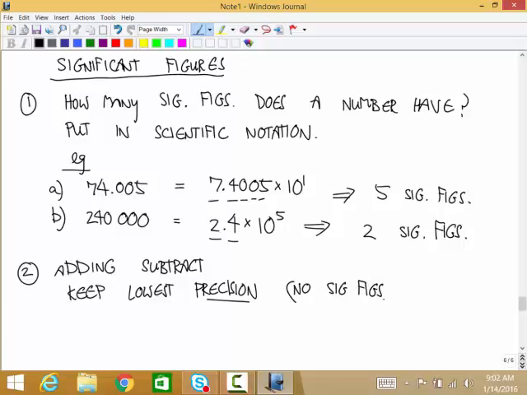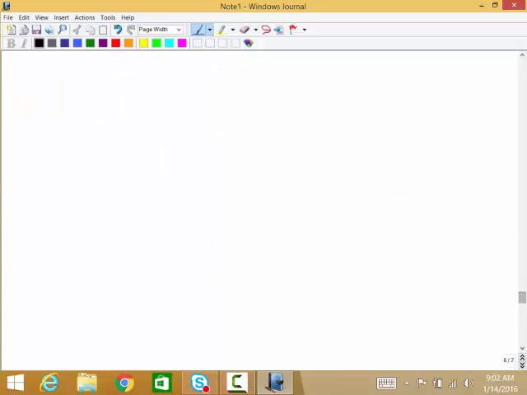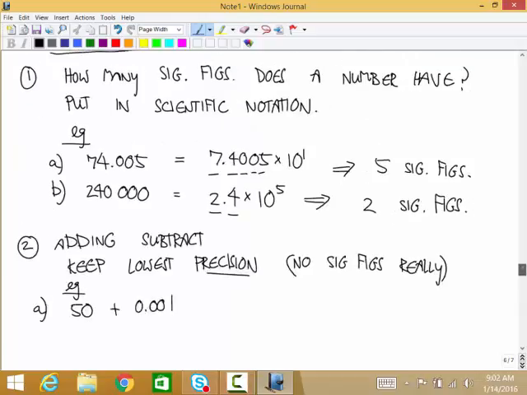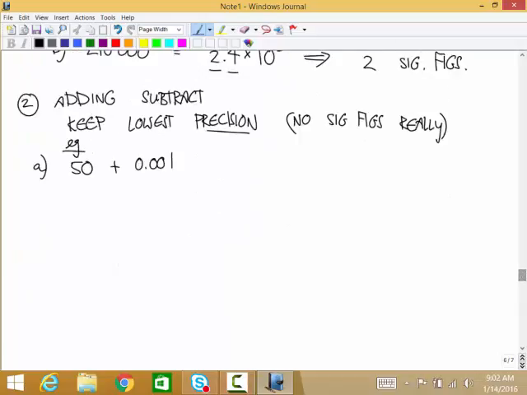So there's no significant figures really in this. So for example, if you're adding 50 plus 0.001, the lowest precision is the ones place.